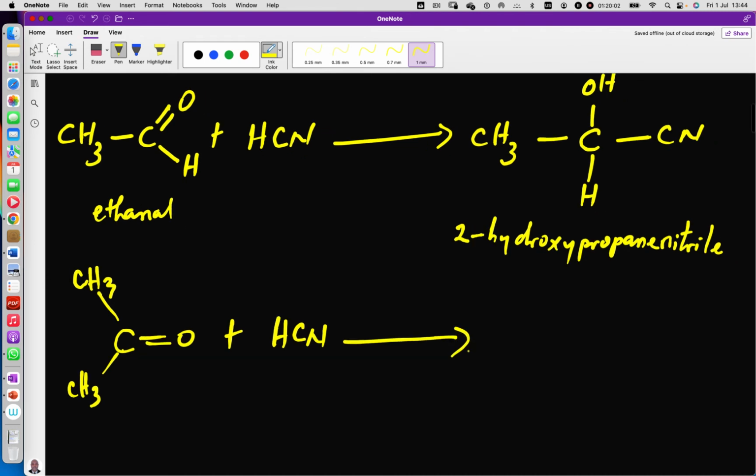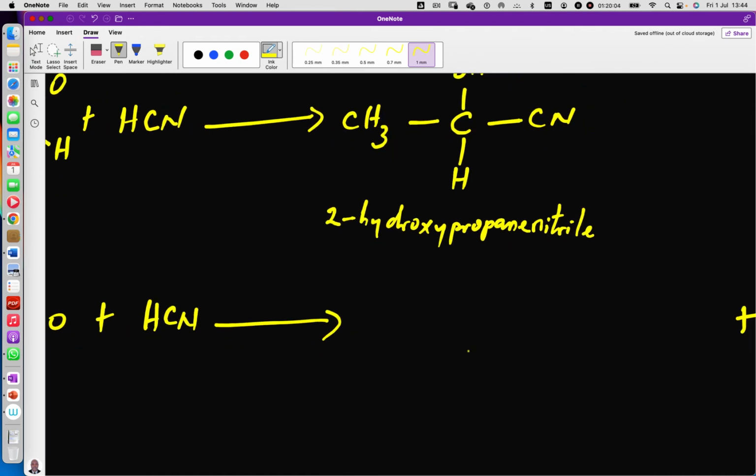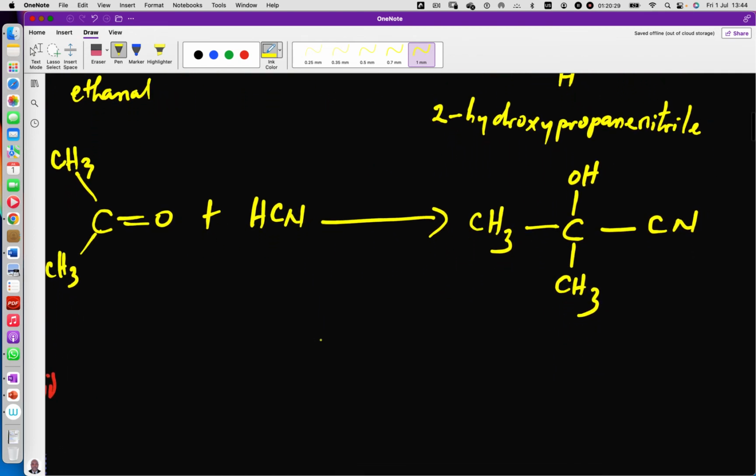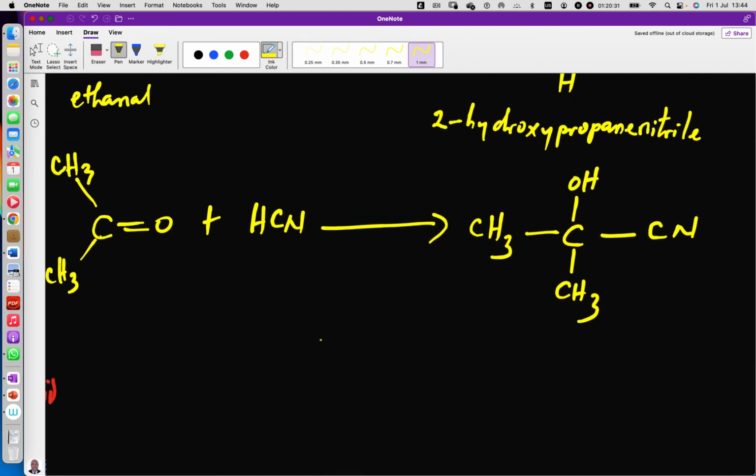What we are going to have here will be CH3, a C, there will be an OH in the same position, there will be a cyanide in the same position, but instead of hydrogen here, there will be a methyl group. So it also leads to the addition of another carbon atom there.